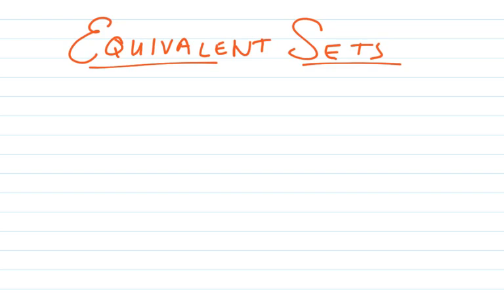Two sets are said to be equivalent if their cardinality is equal.